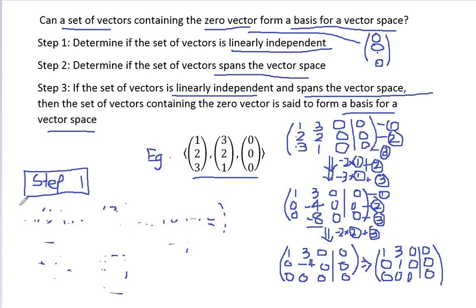So let's continue from here. We can work upwards now to eliminate the entry above the 1 here, which is 3. So we add minus 3 times row 2 to row 1.